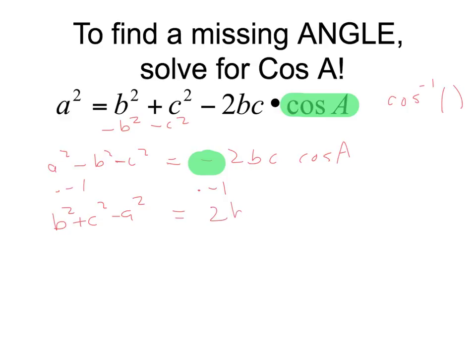And when I do that, I have now just 2bc times the cos of A. We're almost home. Last step here, I need to get rid of the 2bc by division. So over here I'm going to have 2bc, and these happen to cancel out. And then I have cos of A by itself.